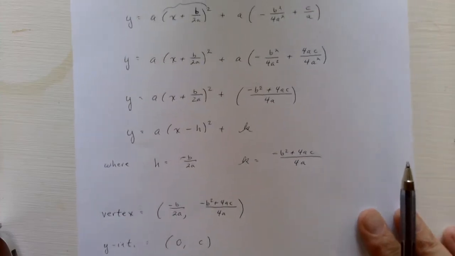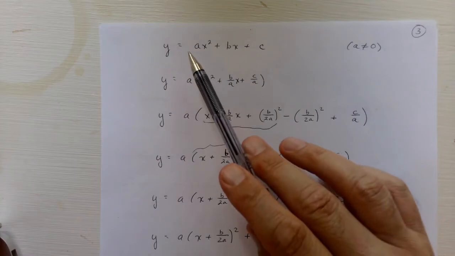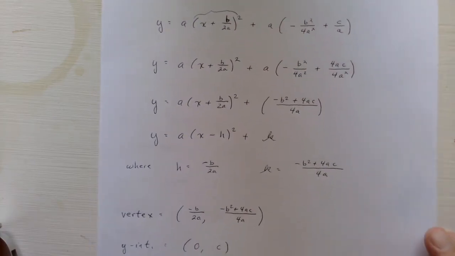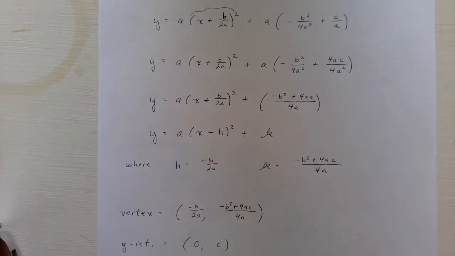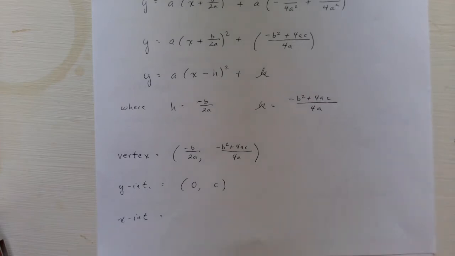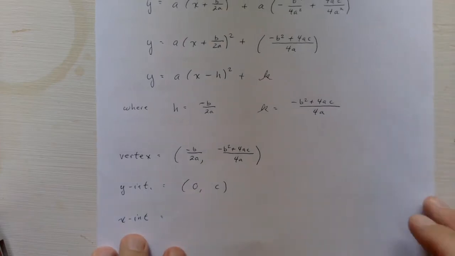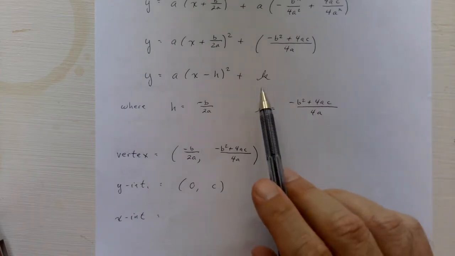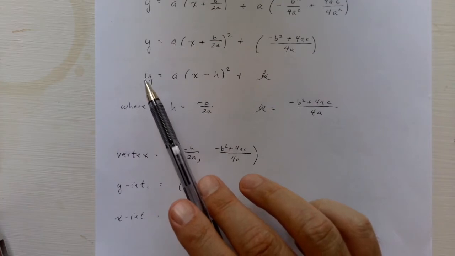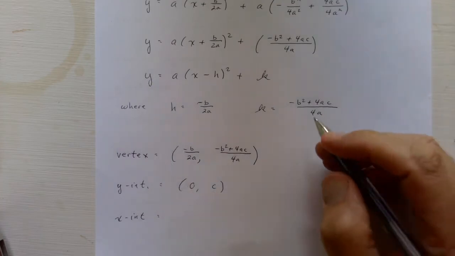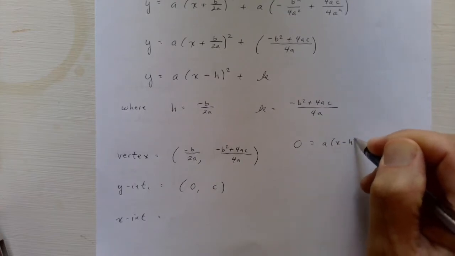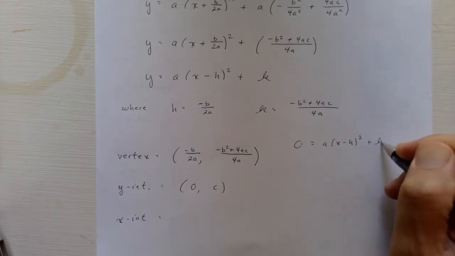We can also clearly see what the y-intercept will be. We just plug in x equals 0 and get c. And then to find the x-intercept, we can go ahead and maybe work with this equation right here. We can plug in y equals 0, and then we'll get a times (x minus h) squared plus k.